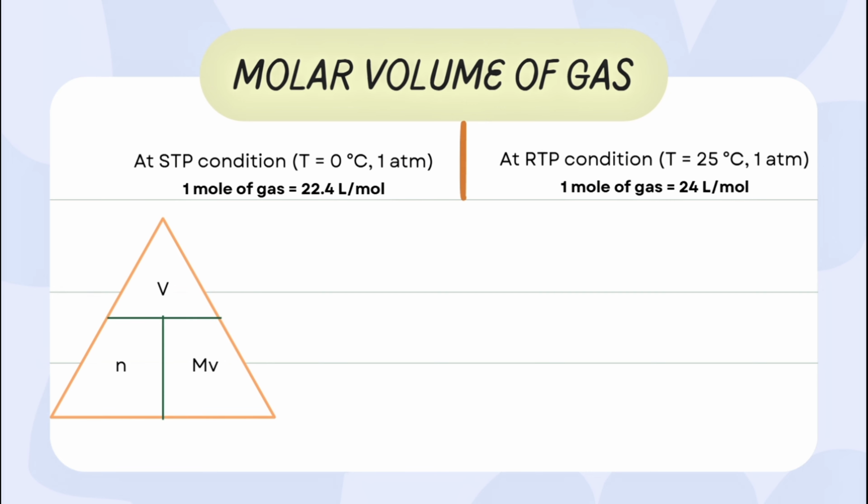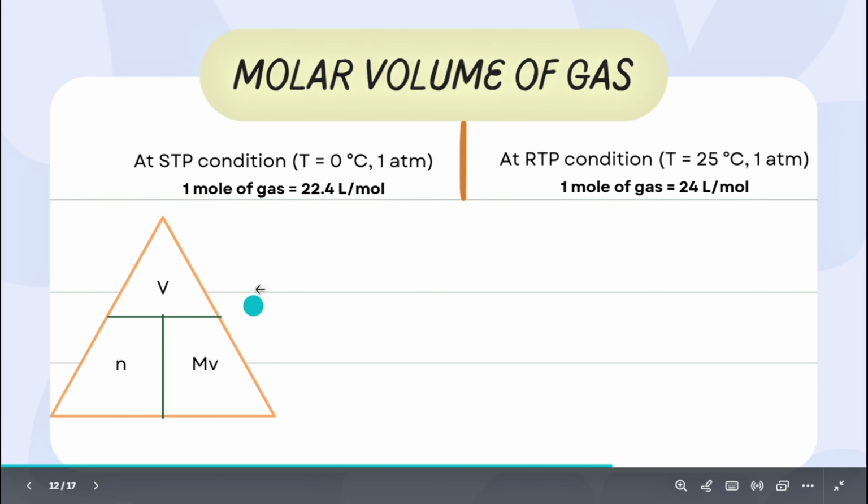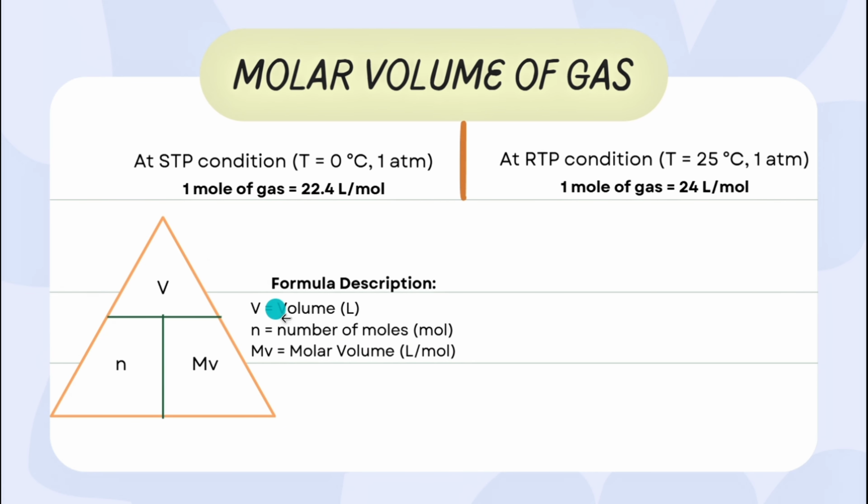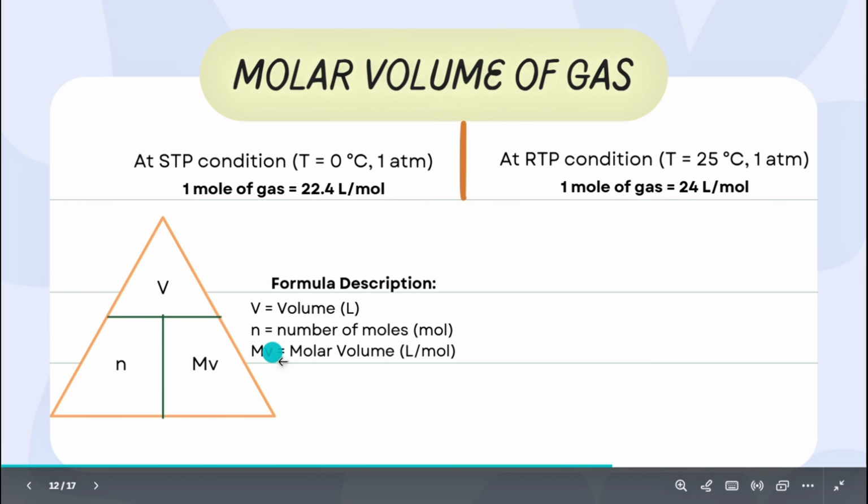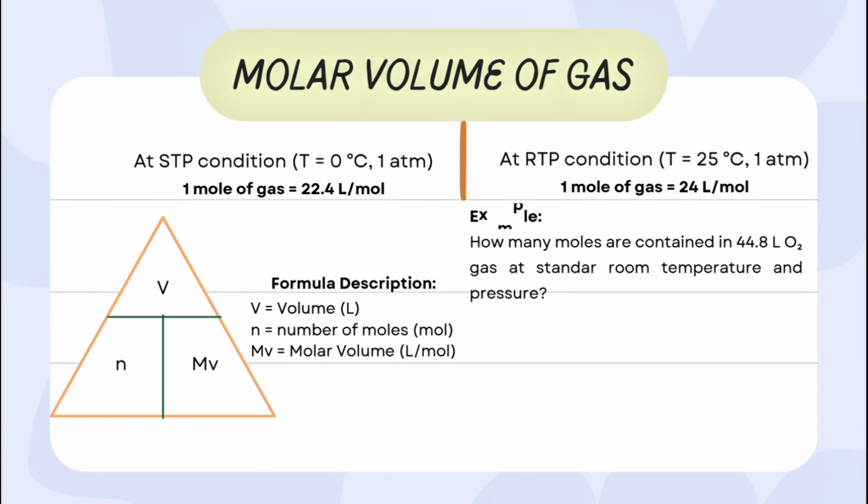On the left side, we have a magic triangle describing the relationship of molar volume of gas with number of moles. The idea of the formulas is the same as the previous slide. For example, how many moles are contained in 44.8 liter oxygen gas at standard temperature and pressure? And how to answer it?